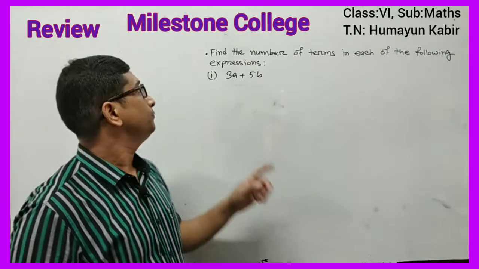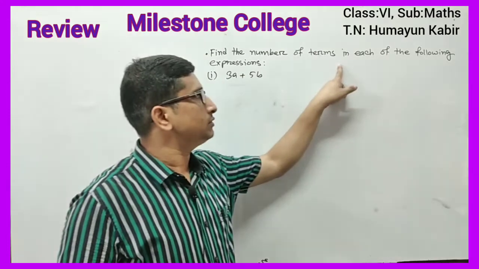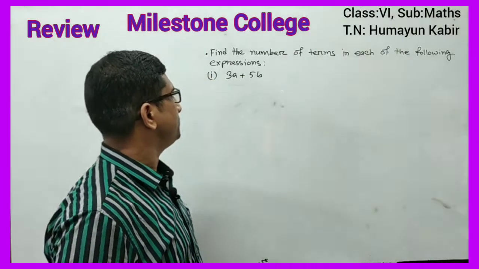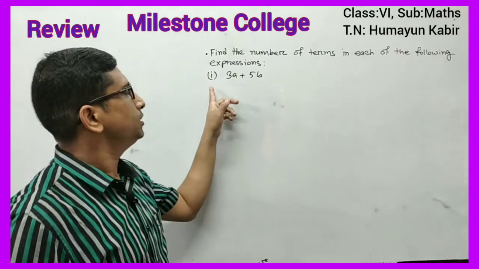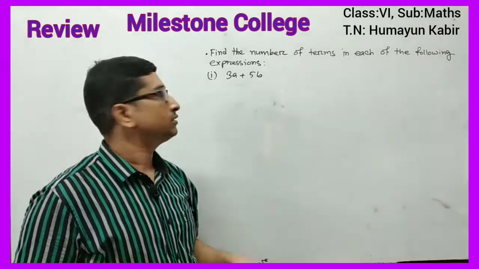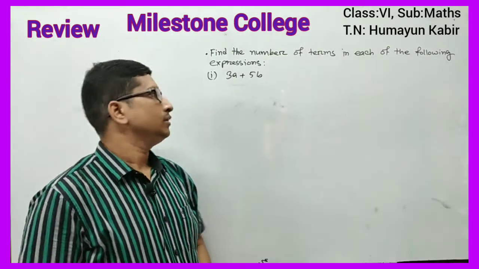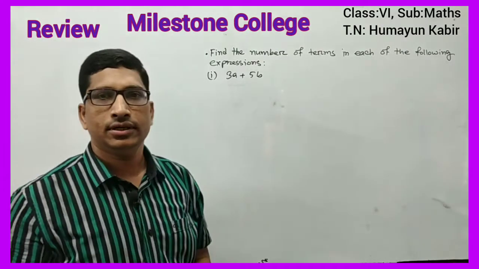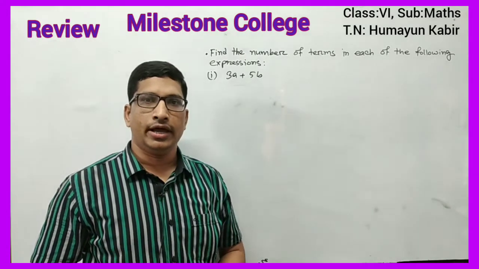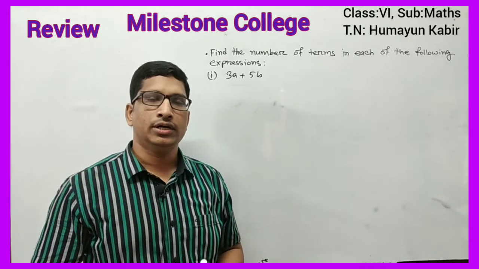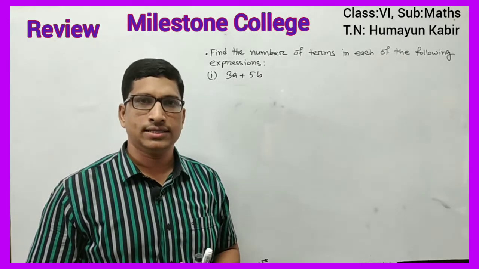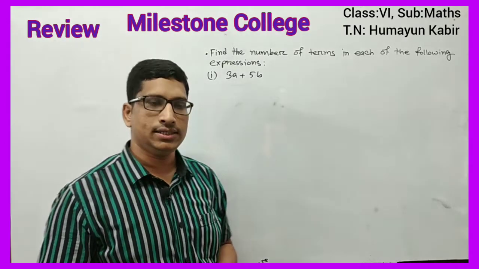Now, review. Find the number of terms in each of the following expressions. So here first look at 3a plus 5b. There are how many terms? According to the definition we know terms are linked with plus and minus signs.